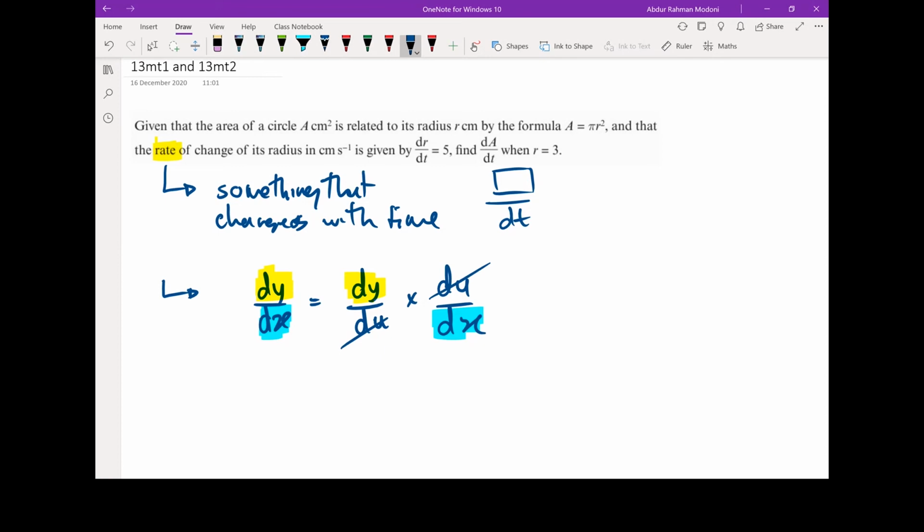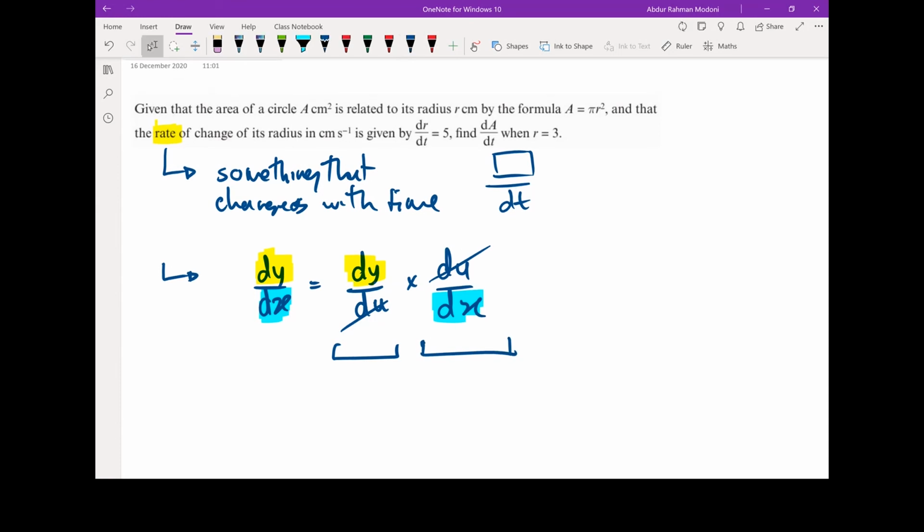So a chain rule works by connecting rates. We've got one differential here and another differential here. I shouldn't use the word rate unless it's by dt. A differential is anything that involves dy by dx or du by dx. Anything that involves rates of change is actually a differential equation.